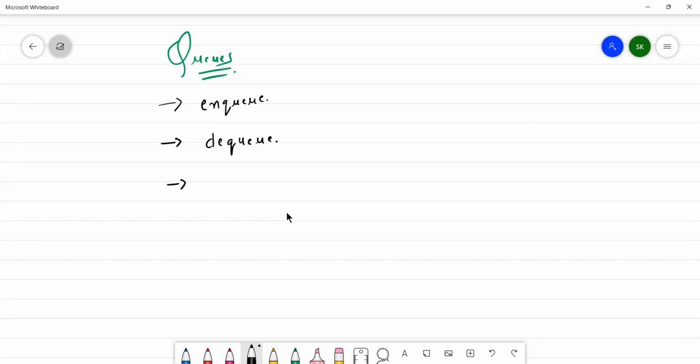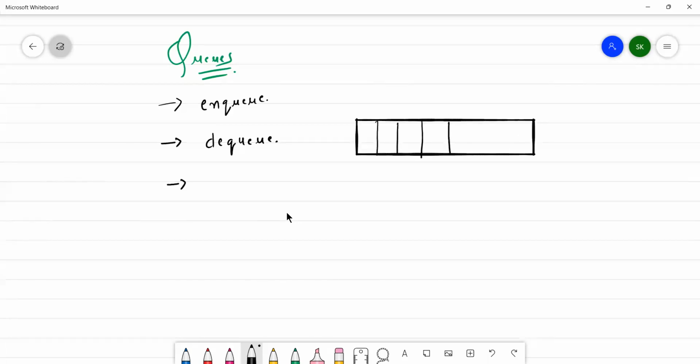As I told you, in a queue you enter a number from the back, but always delete it from the front, right? So for that, you have to maintain two pointers, one for insertion, one for deletion. Yes or no?